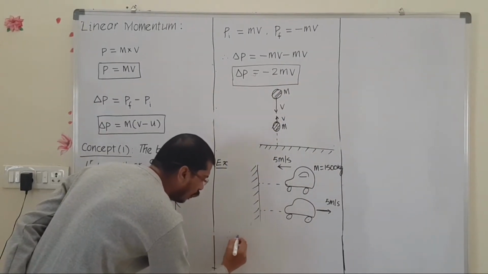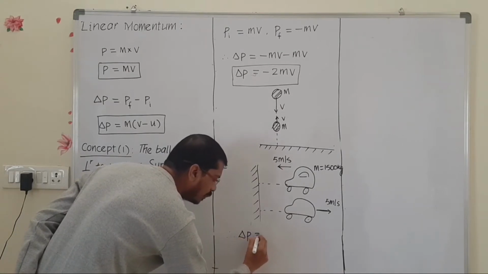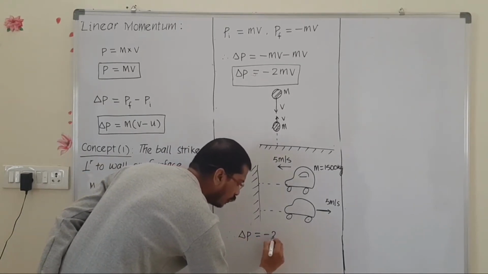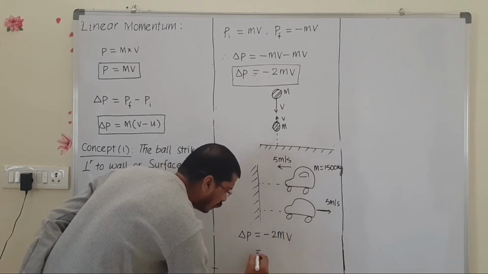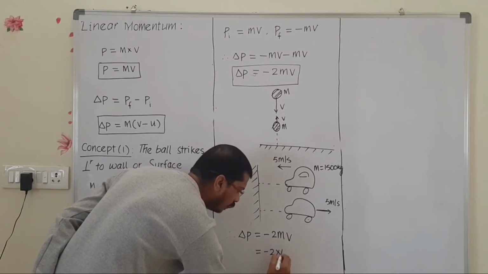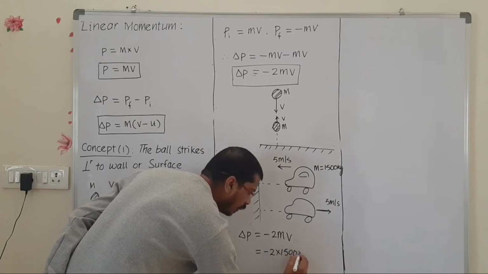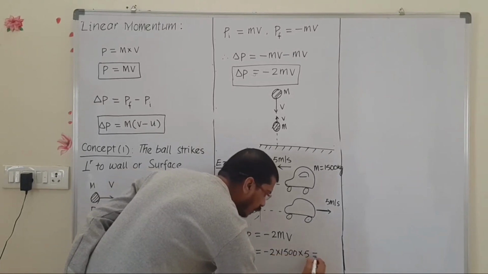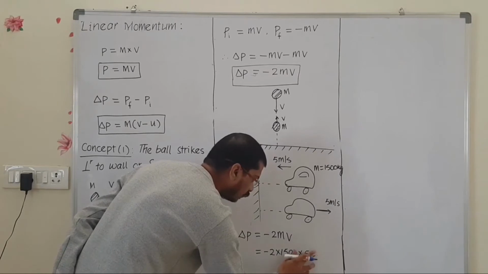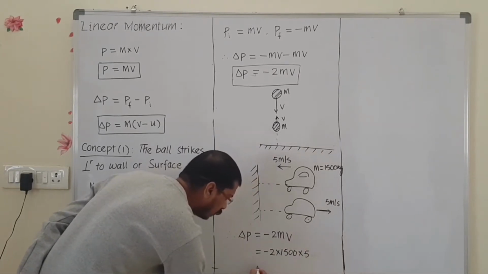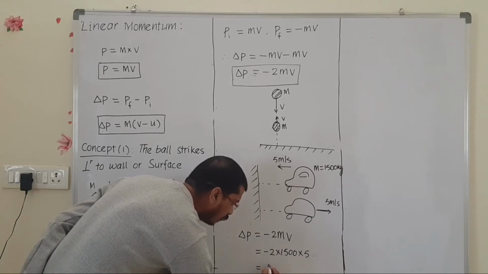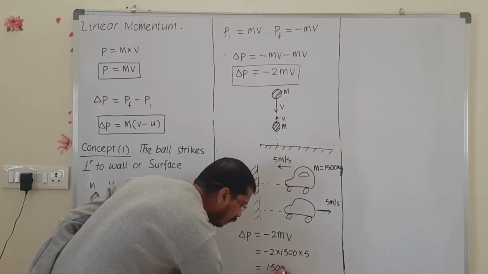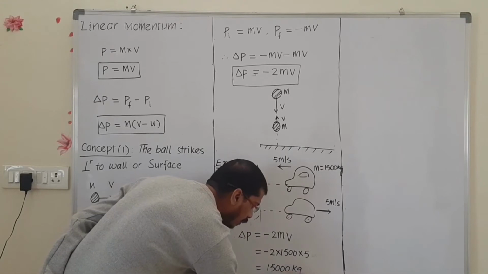Directly substituting the values, we get delta P equals minus 2 times mass into velocity, which is 2 into 1500 into 5, so 15,000 kg meter per second.